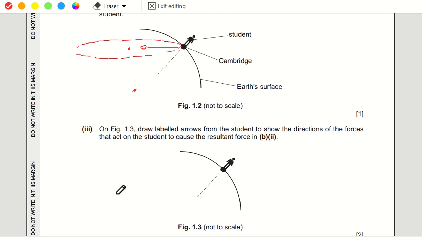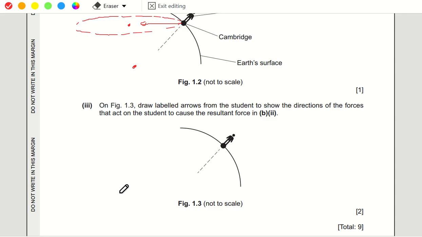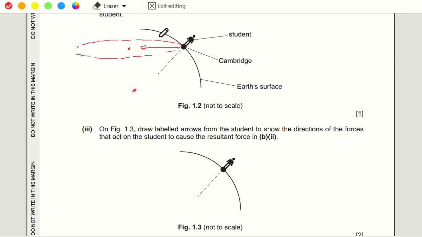On the figure, draw labeled arrows from the student to show the direction of forces that act on the student to cause the resultant force. How was this FC produced?